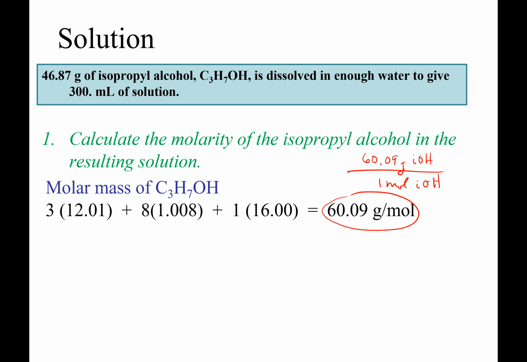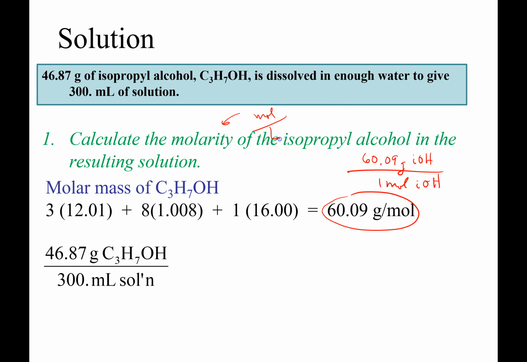So let's go ahead and see what we have. In this particular instance, I would simply take the raw mass I was given of the isopropyl alcohol and divide it by the solution volume, because my target here is moles per liter of solution. And this is grams per milliliter of solution, so actually I have to fix both the numerator and the denominator.